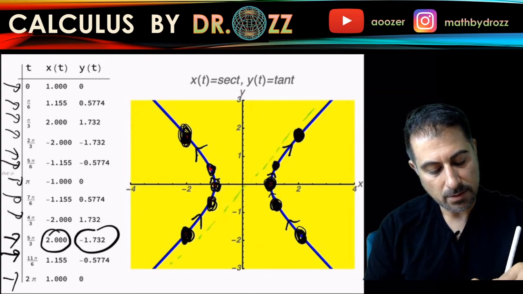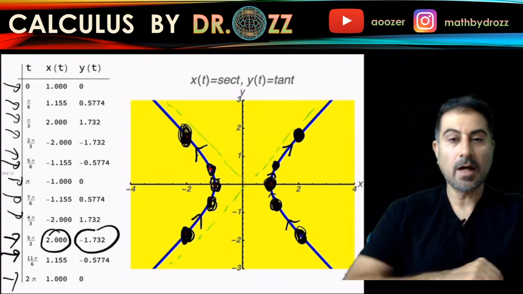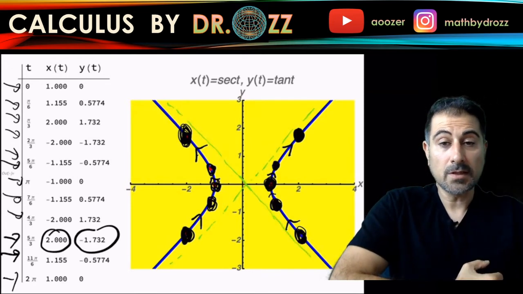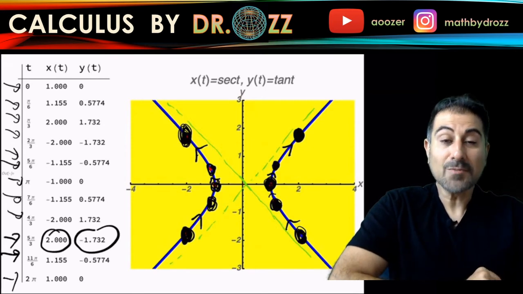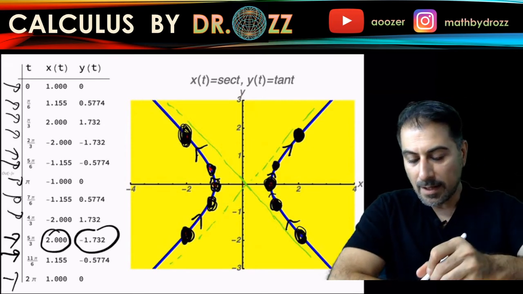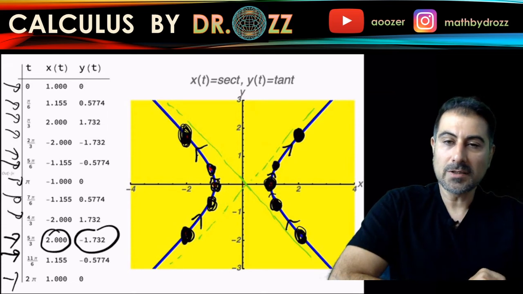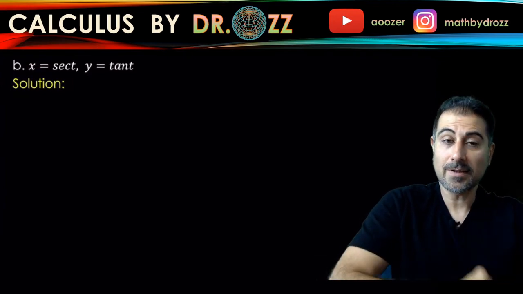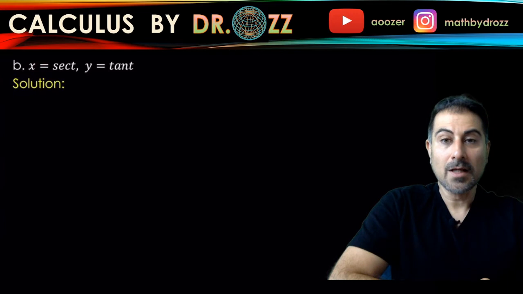That's the reason for jumping from one branch to another for different choices of t. If you remember the domain of these functions, tan may blow up for certain t values. That's why tan has vertical asymptotes, and secant has vertical asymptotes as well. So you have to be careful on that.